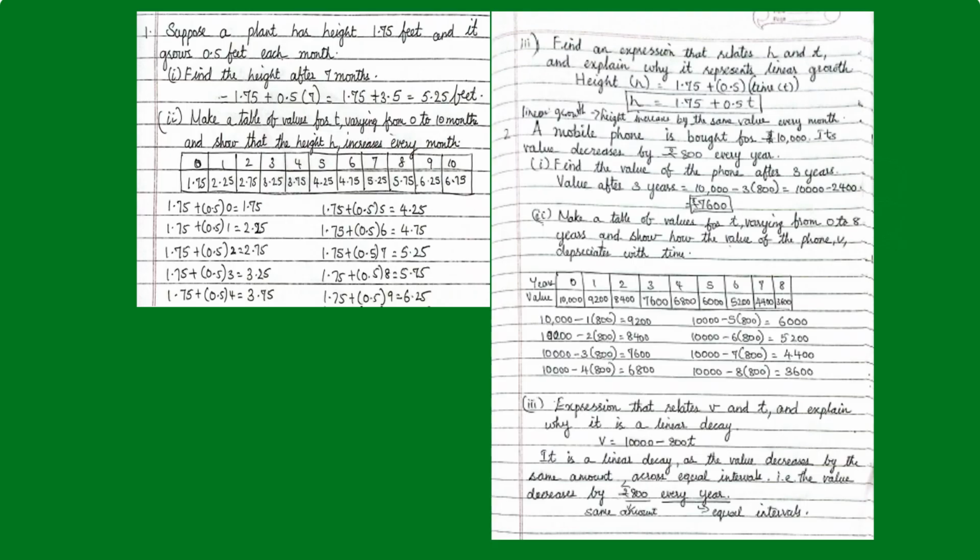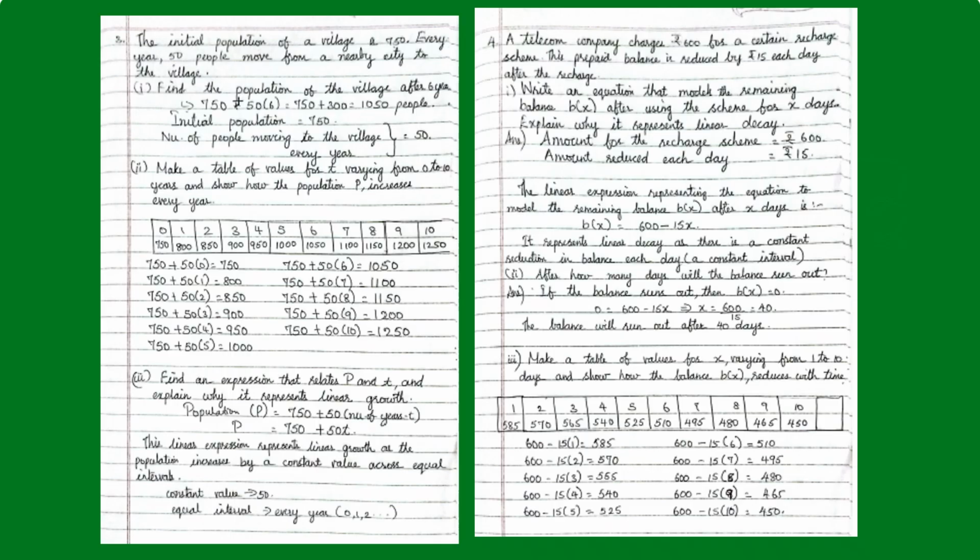What is the equal amount here? For this specific example, it's 800 rupees, at equal intervals. What are the equal intervals? Here, every year is the equal interval. So, since there is a consistent decrease over equal intervals of time, you call it a linear decay.